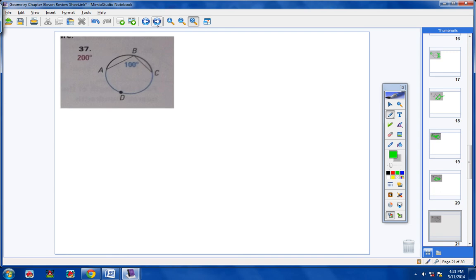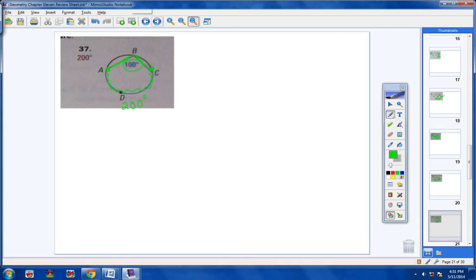And then lastly, number 37, same thing. Here's your inscribed angle, and your inscribed angle is 100 degrees. Now the intercepted arc runs from here to here, and so the intercepted arc is twice as big as the inscribed angle. If the inscribed angle is 100, then the intercepted arc would be 200 degrees.